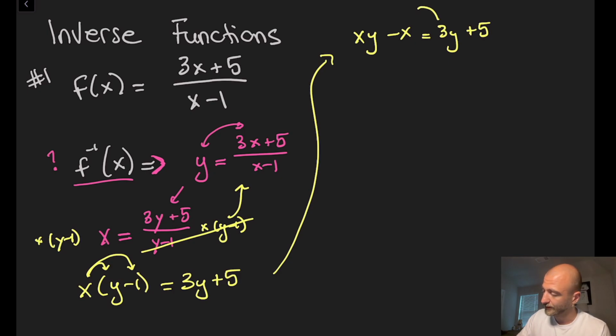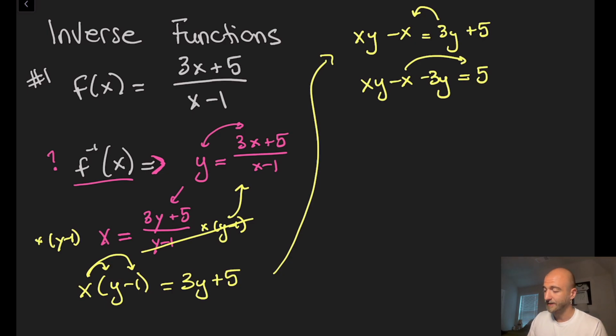So I'm going to bring this 3y over here. xy minus 3y is equal to 5, and I'm going to bring this x over to the other side of the equation, so all the y's are together and everything else is on the other side. So what do we get? We get xy minus 3y is equal to 5 plus x.